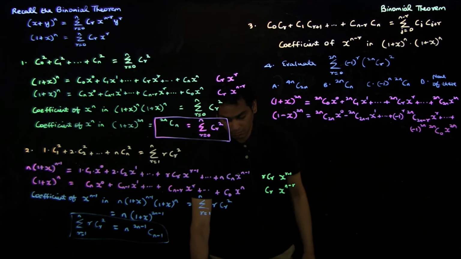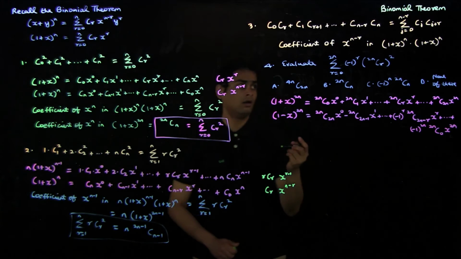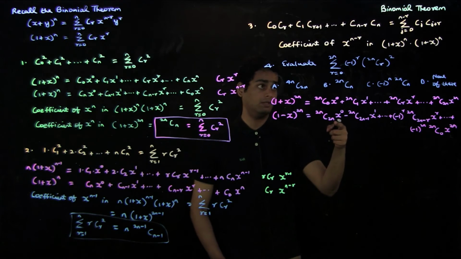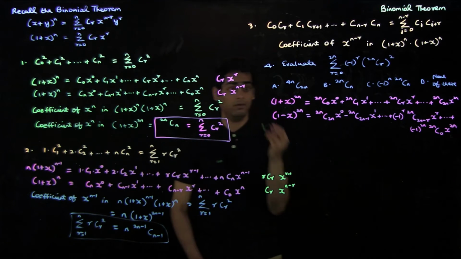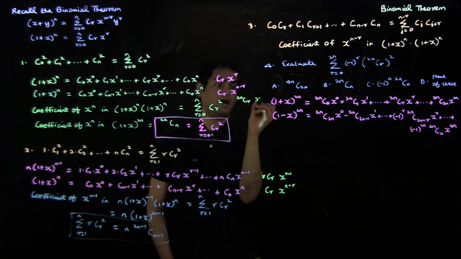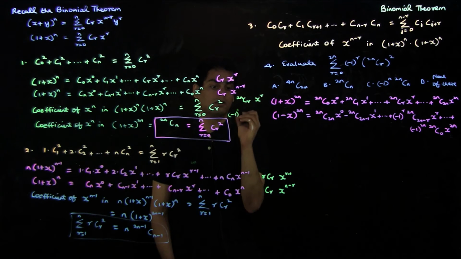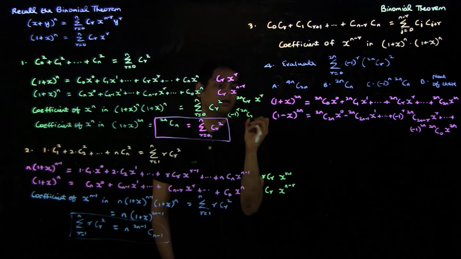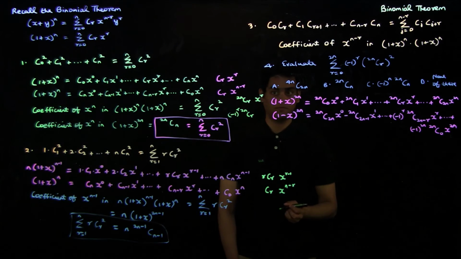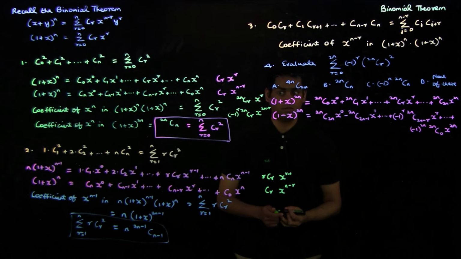So to obtain 2n cr the whole square, we obtain 2n cr from this term and 2n cr from this term, and also a minus 1 power r from the second term. So 2n cr is the coefficient of x power r in the first expansion, and minus 1 power r 2n cr is the coefficient of x power 2n minus r in the second term.